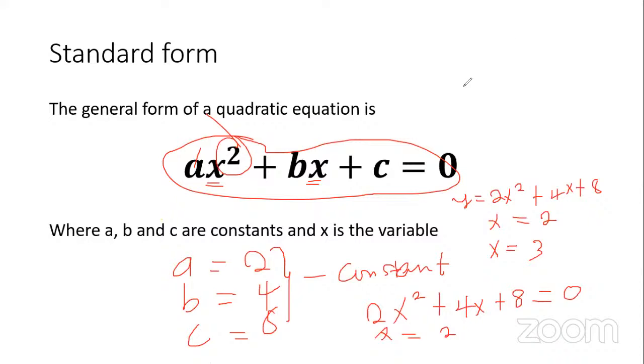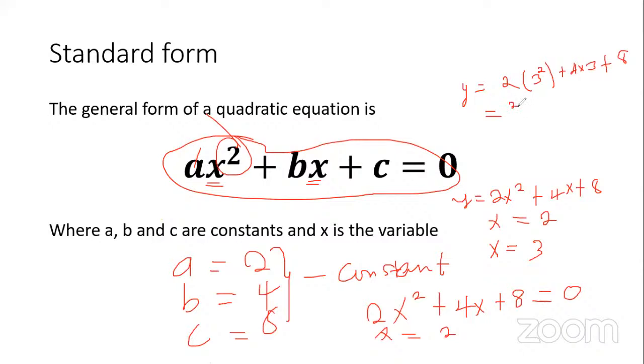So let's try. y is 2 times 3 squared plus 4 times 3 plus 8. What is 3 squared? It is 9.